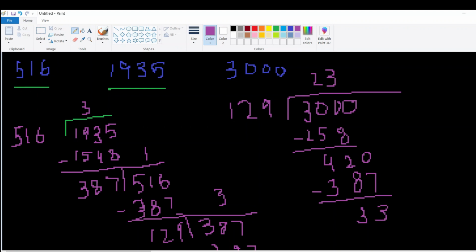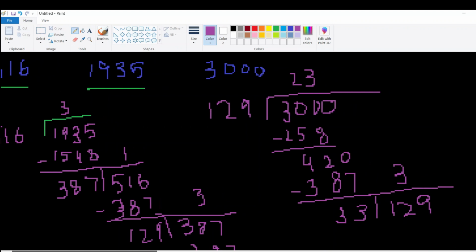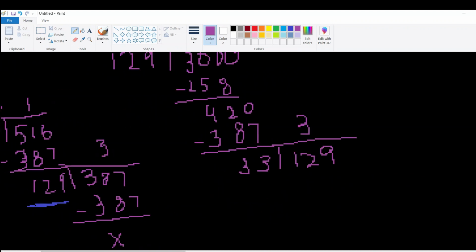Now this becomes the dividend. Goes on the table of 3, 99. Subtract, answer is 30.